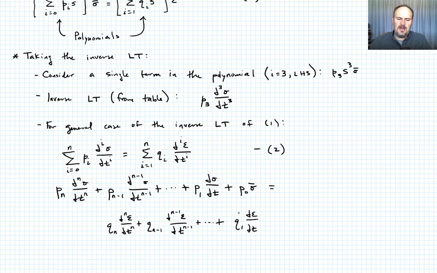What we want to do now is a gut check, a reality check. Let's choose n equals 1, because we know what the solution is supposed to be. This is always a good thing to do: make sure you recover the known solution.